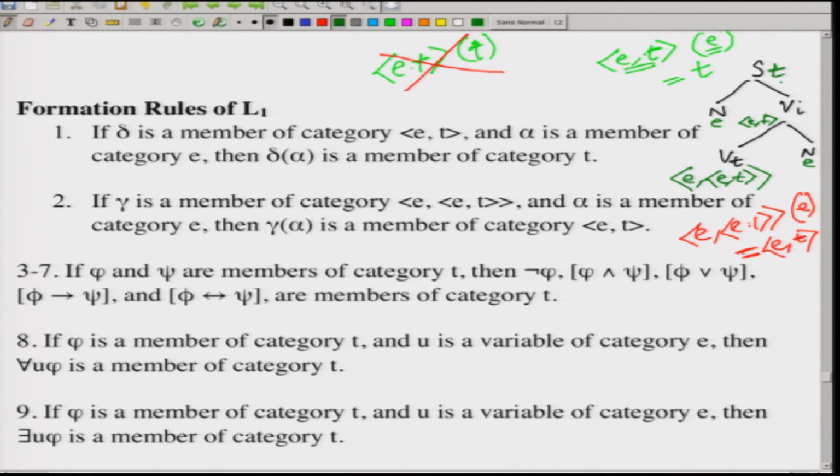If phi is a member of category T and u is a variable, then all u phi is a member of category T. What does it mean? It means that phi can be anything. So, if phi is any kind of a formula, it can be Mx, or it can be Lxy.